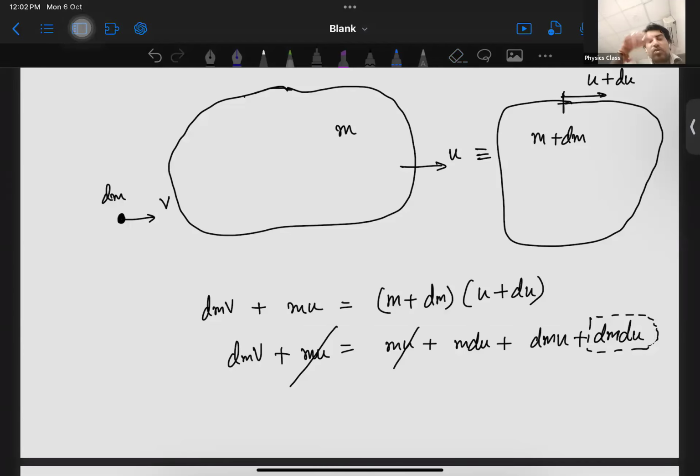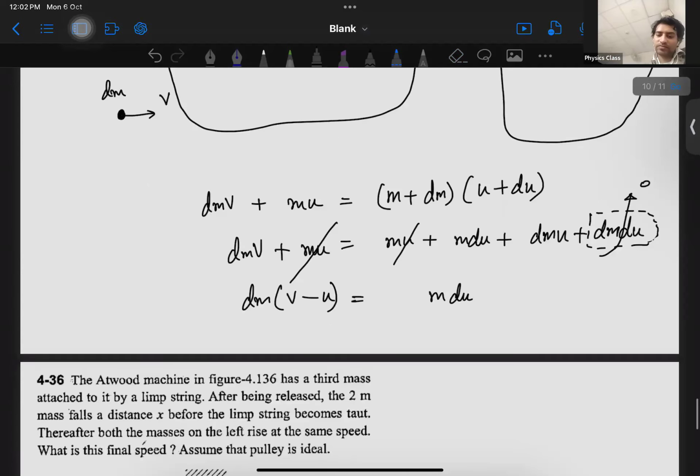Dm itself is small, du is even smaller, so it is neglected in comparison to the others. So now it becomes dm into (v minus u) equals m into du.